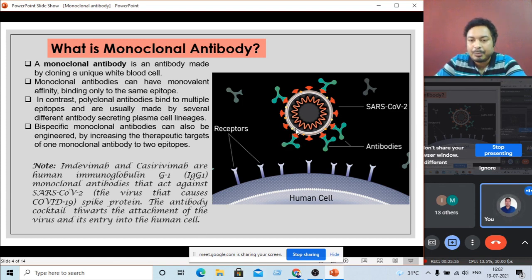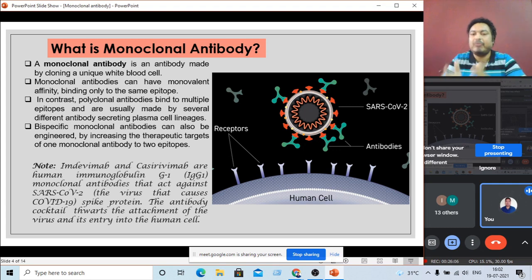If we are able to block this spike protein, then this virus cannot enter inside the human cell. If these spike proteins are blocked by the particular antibodies, then this virus cannot get inside the human body. That means polyclonal or monoclonal antibodies, both work equivalently for the particular virus.